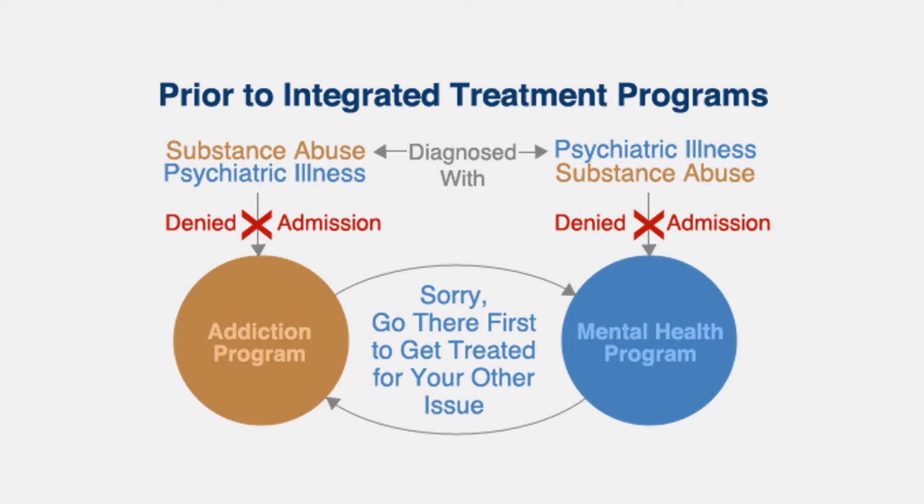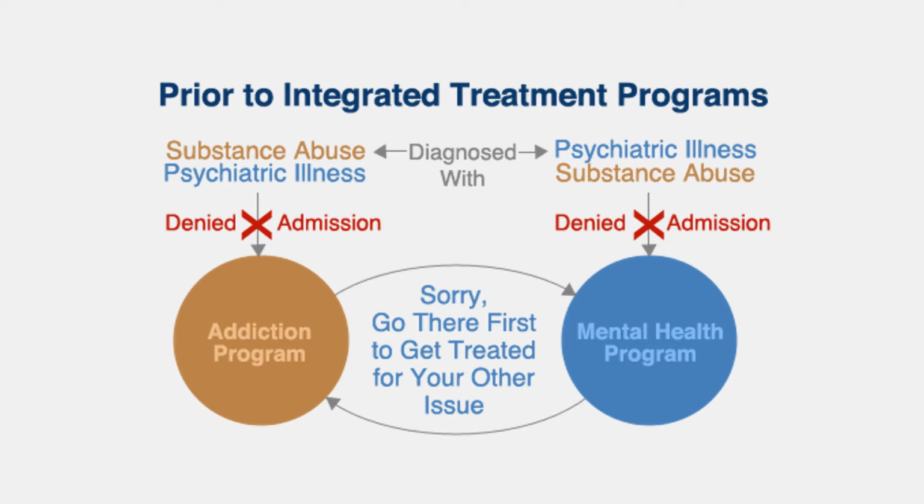So of course the importance of having integrated treatment is to increase access to treatment. Sometimes before integrated treatment was really being thought about, you would have situations where someone would seek assistance for dealing with substance abuse, but they would also have an ongoing psychiatric illness.